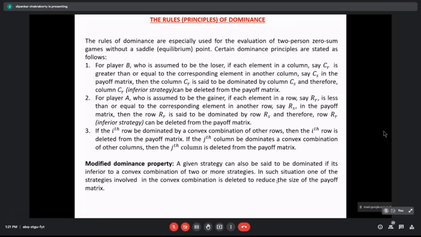So obviously, when any game is given to you, and the question asks you to use the graphical method or the dominance principle, it is always good to first check whether there is any saddle point in this game. It is always better to check this, and then you can apply the rule, because the rule is only applicable if the game does not have any saddle point.